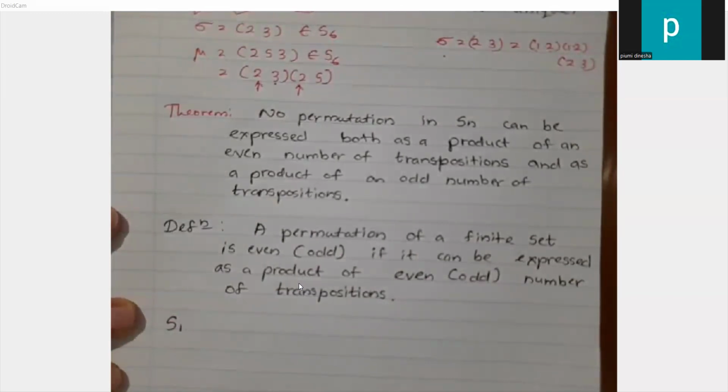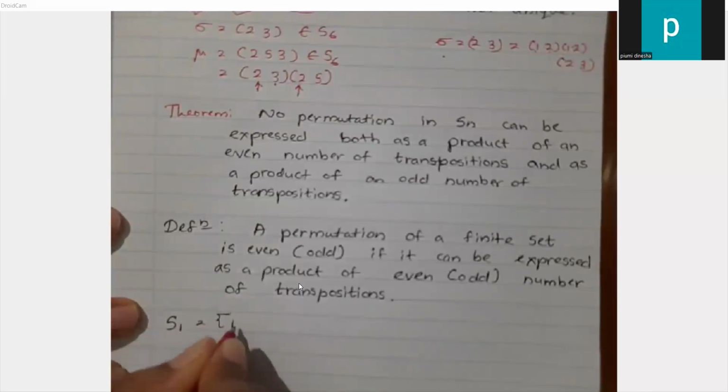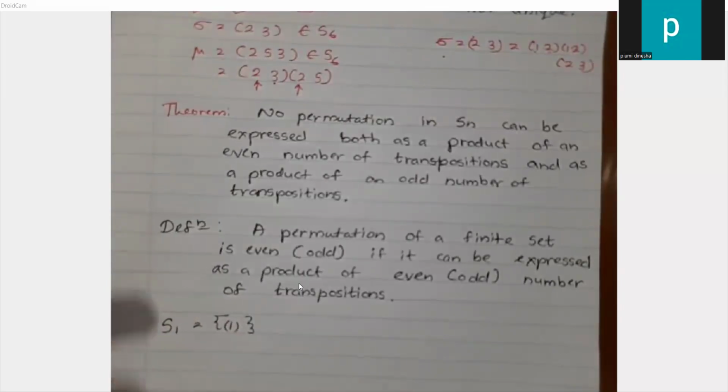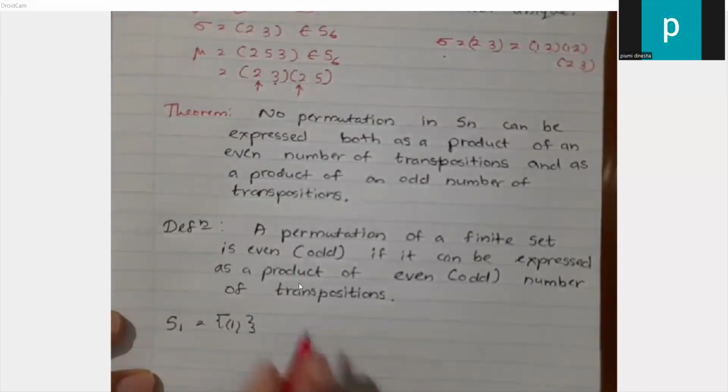In this case, we are simply considering permutations of a one element set. So it will definitely be fixed. There is only one element. It will be sent to itself. So the identity permutation is the only permutation in this permutation group. So you definitely can't write it as a product of two transpositions. But in this special case, we define this identity permutation to be even, right?